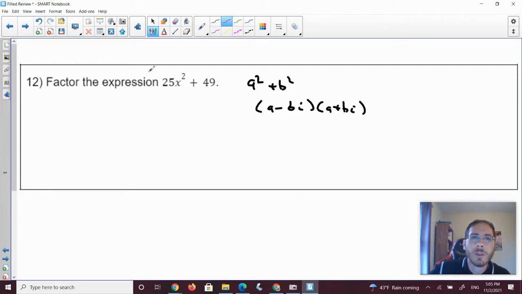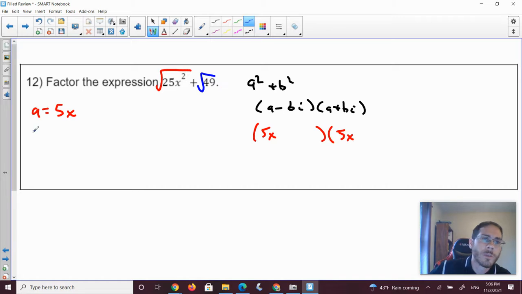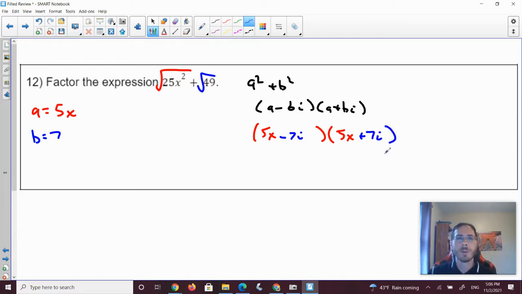So if we take the square root of each of these, square root of 25x squared means that a is going to equal 5x. Square root of 49 is b. Square root of 49 is 7. So minus 7i plus 7i. And that should be about it.